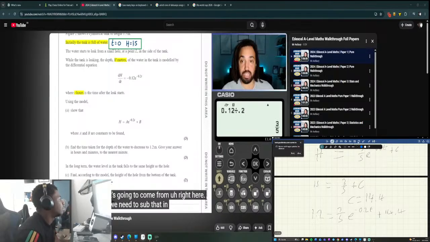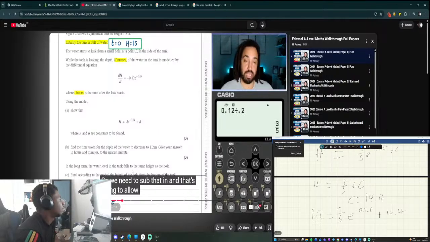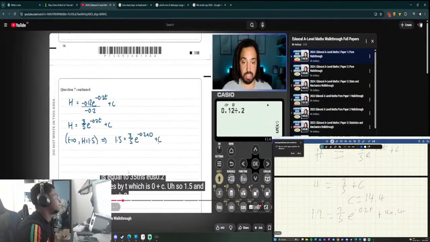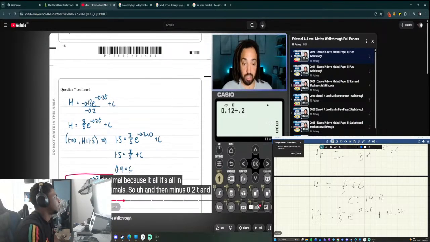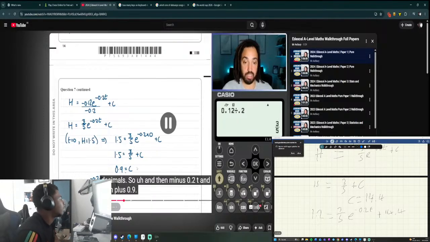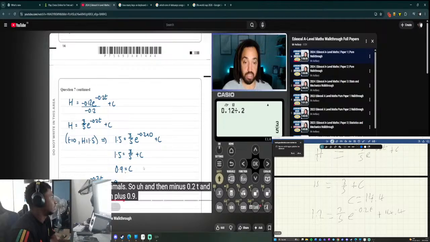That seems kind of crazy. And that's going to allow us to find that missing constant. Where did you get that? Oh, it's not 15.